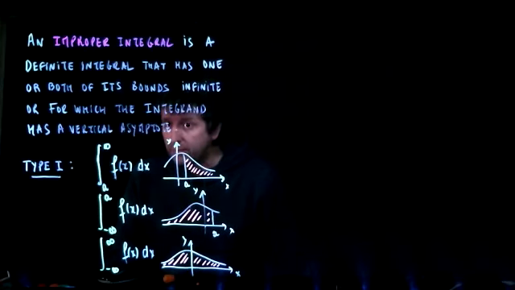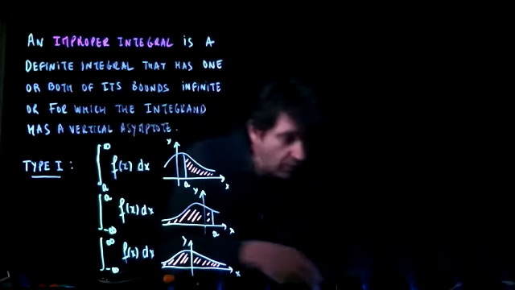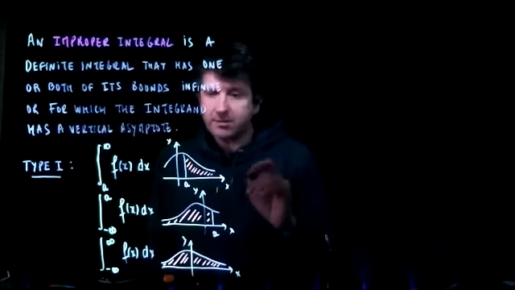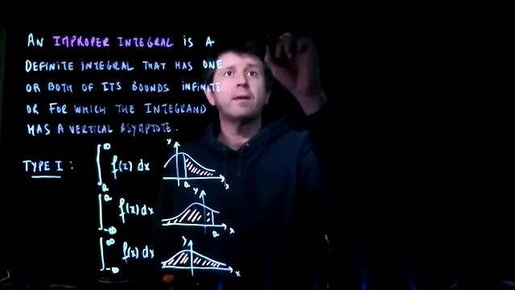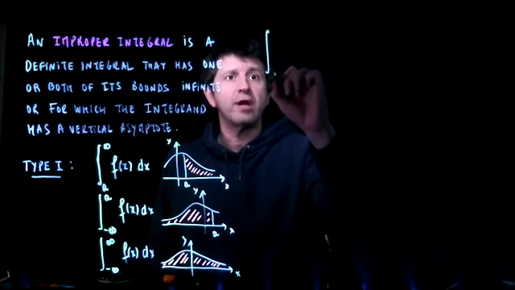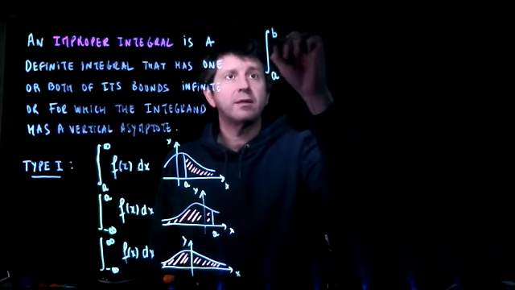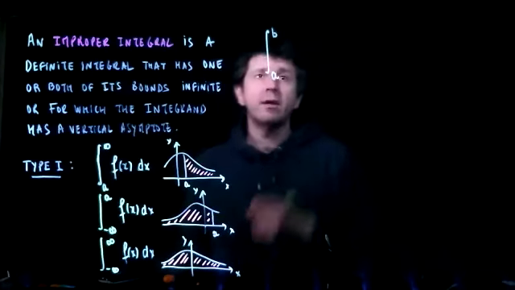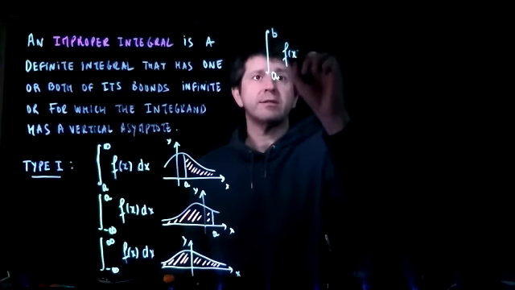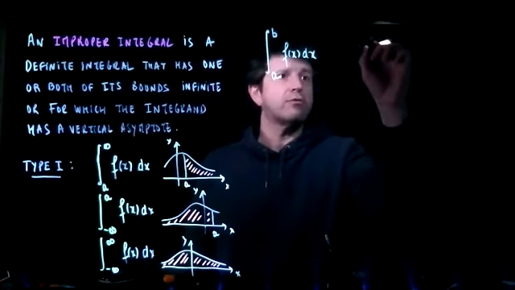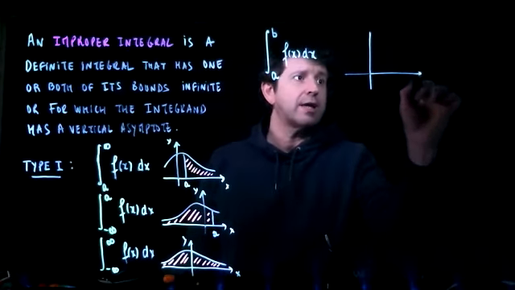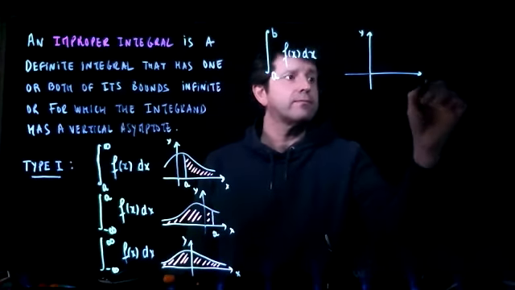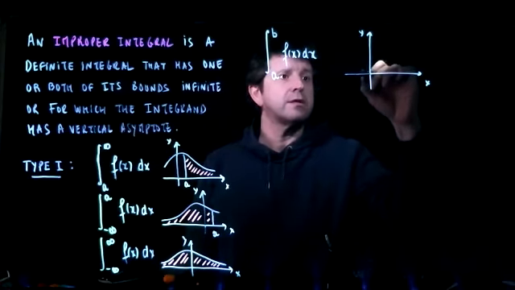Okay, or also you could have a case like this, still in the first type, a situation like this where you have from A to B, okay, of f of x dx, except that the function has an asymptote at A or B. So let's say something like this.